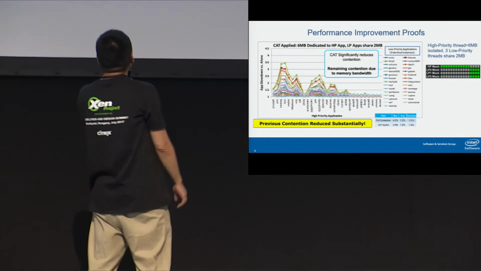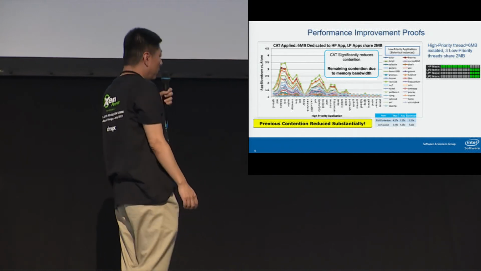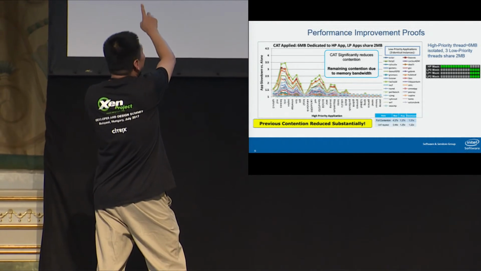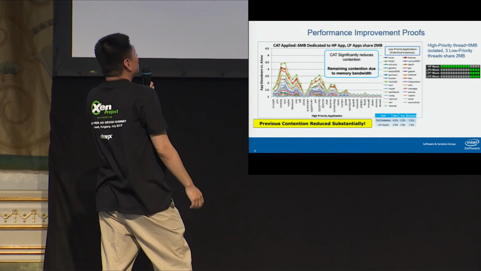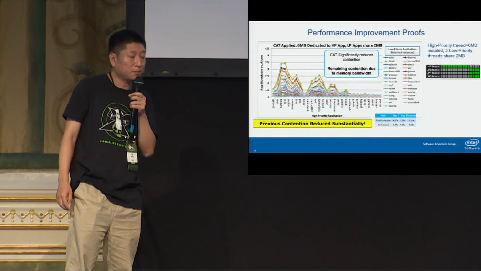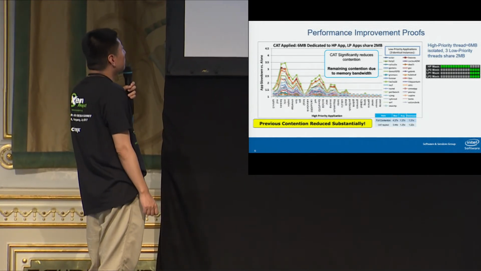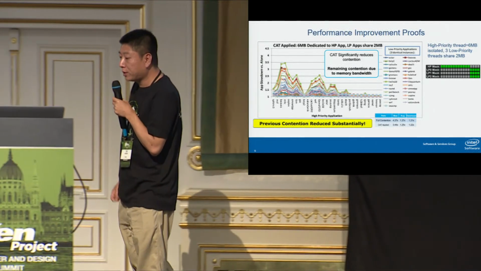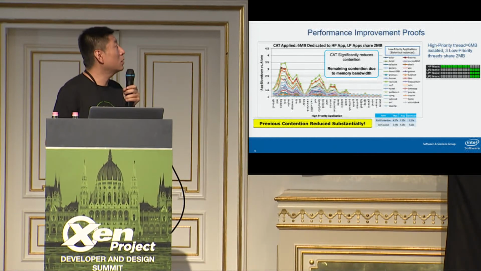You can see that for Sphinx 3, the performance downgrade is reduced to 1.5 when it is running together with Leslie 3D, where previously the downgrade was 4.5 times. This is a significant improvement. For now, these RDT features have been adopted by many companies like Google and Alibaba.